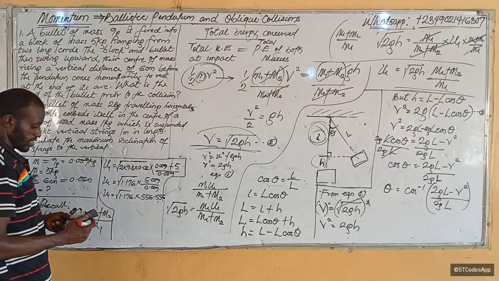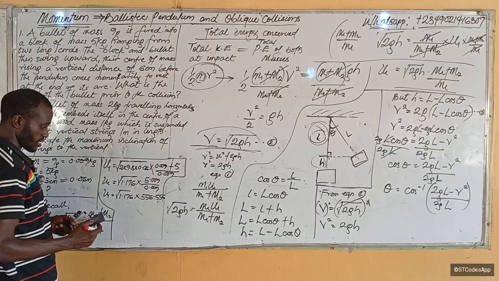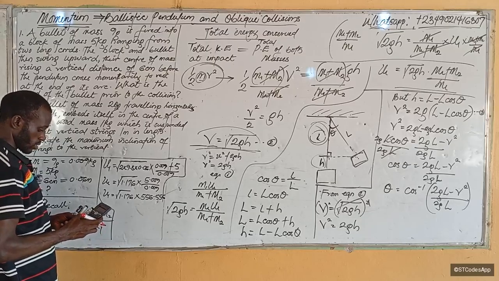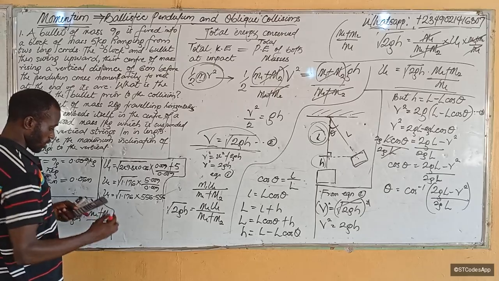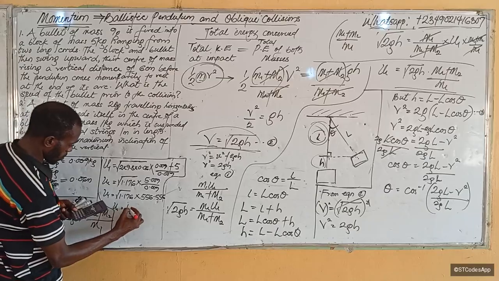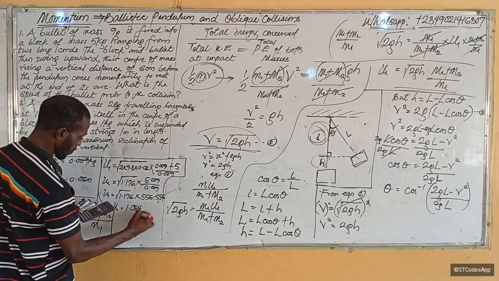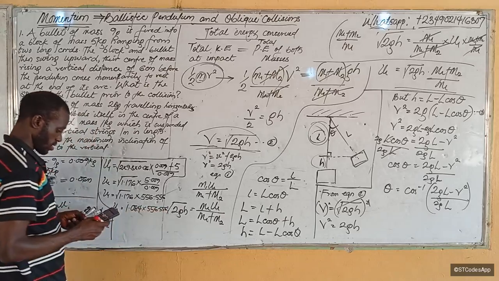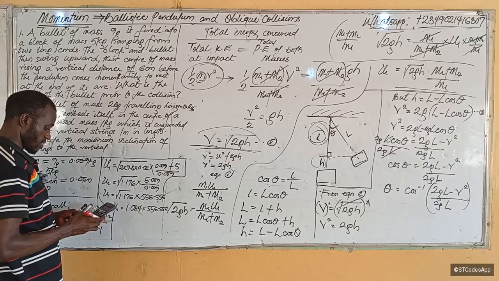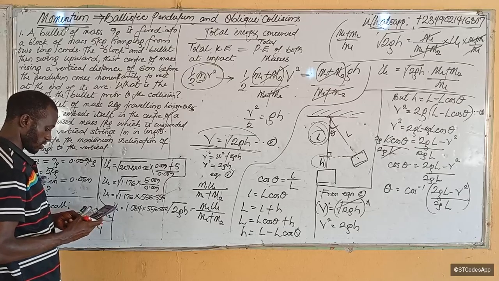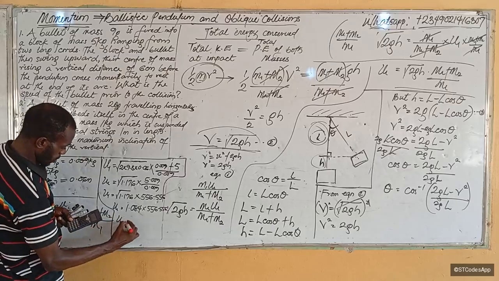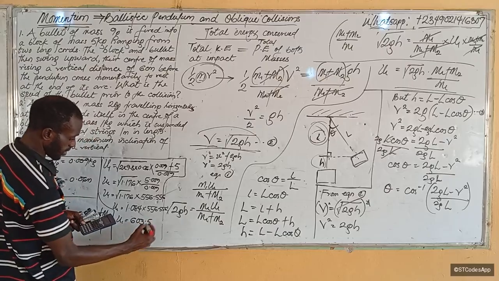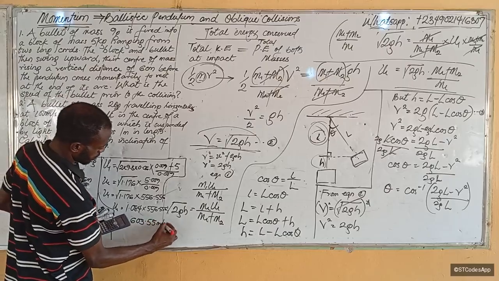Let's leave it that way. The square root of 1.176 is 1.084, times 556.556. So U1 is equal to 603.548. So that's 55 meters per second.